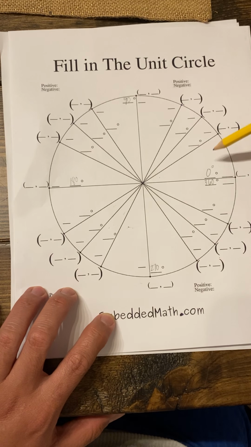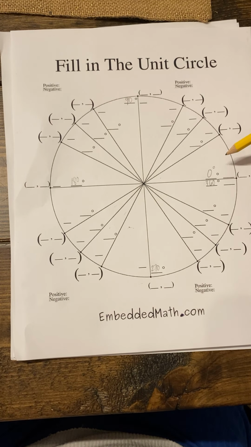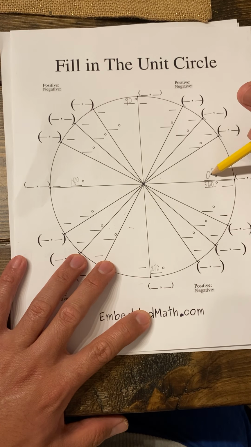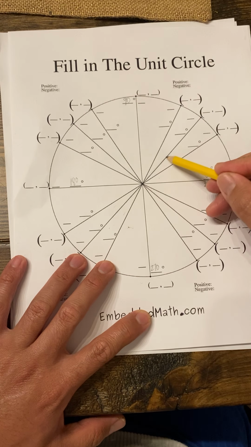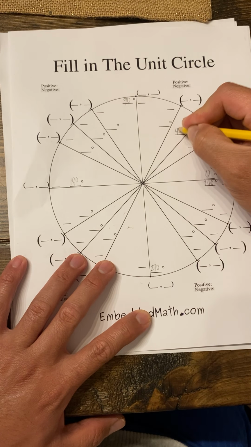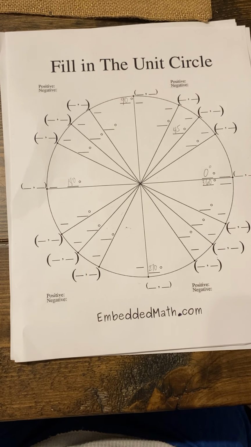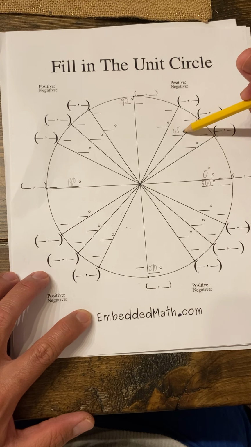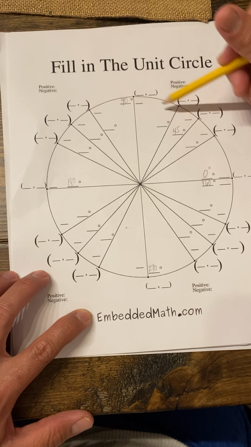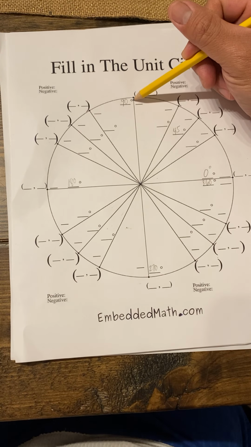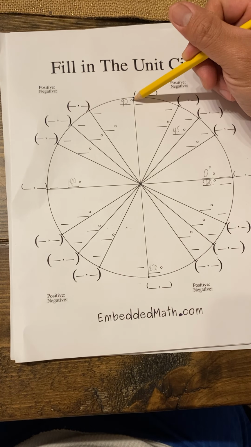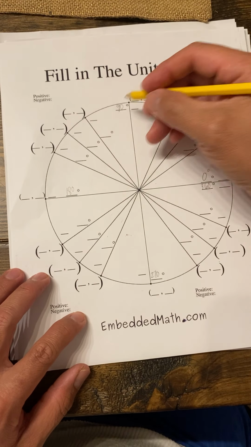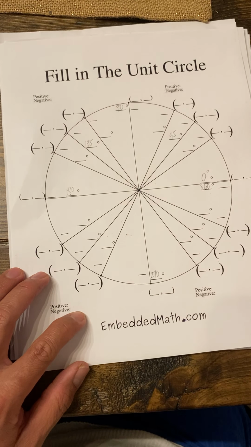Half of 0 and 90 will be right here in the middle, that will be 45. Here's the pattern: 0, skip, 45, then skip, 90. Then 90 plus 45 is 135, so this will be 135 degrees.